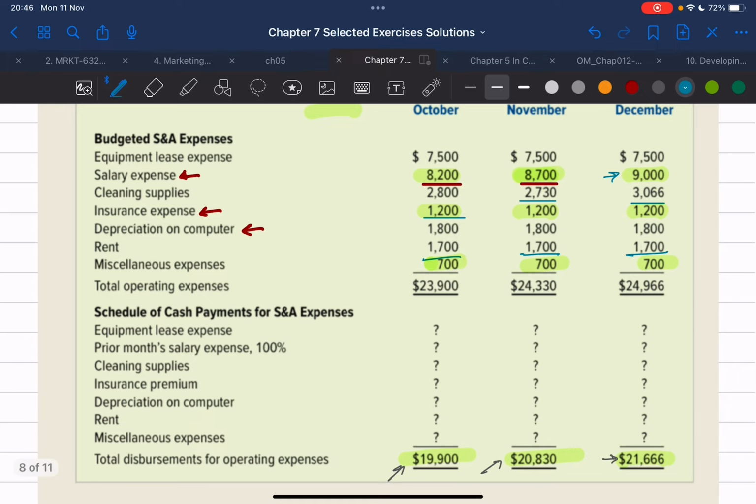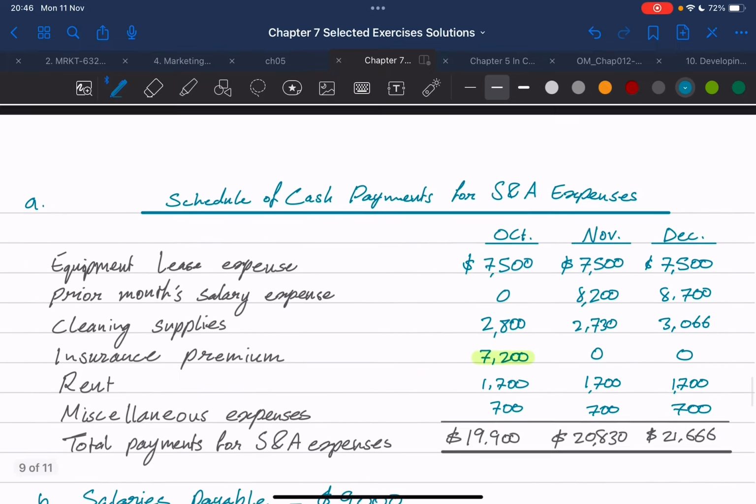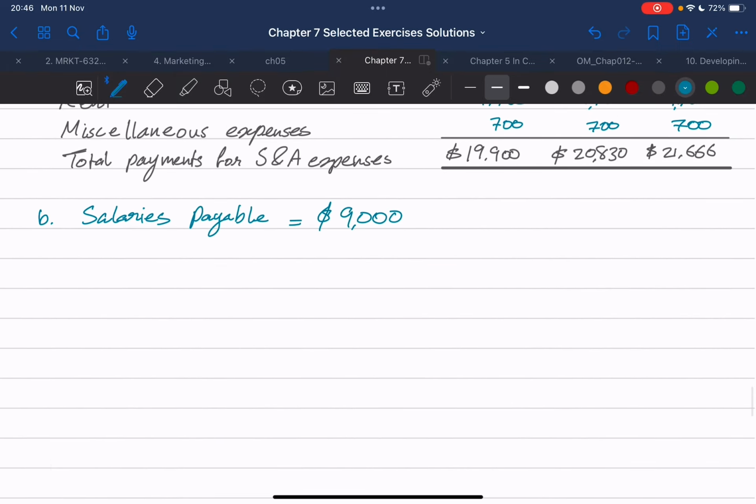Meaning that we're going to have prepaid insurance balance by the end of December, or after December.